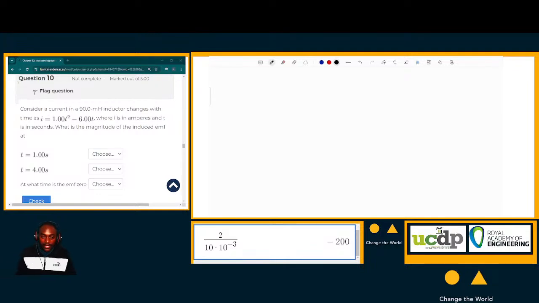What does question 10 say? The question says, consider a current in a 90 millihenry inductor that changes with time as I equals t squared minus 6t, where I is in amps and t is in seconds. What is the magnitude of the induced EMF at t equals 1 second?